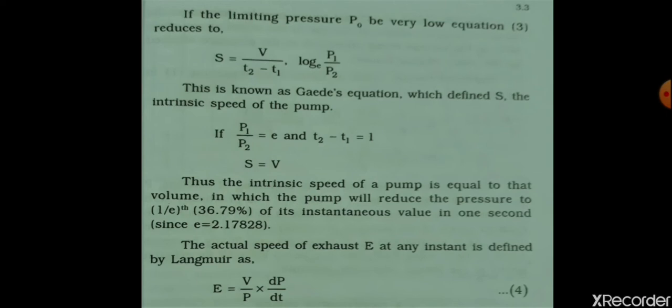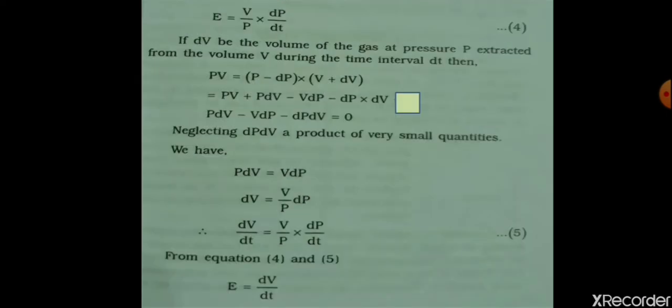The actual speed of exhaust E at any instant is defined by Langmuir as E is equal to V by P into dP by dt. Let's call this equation 4.